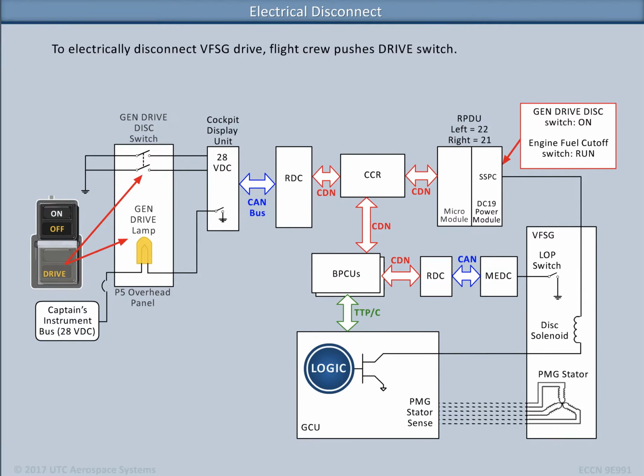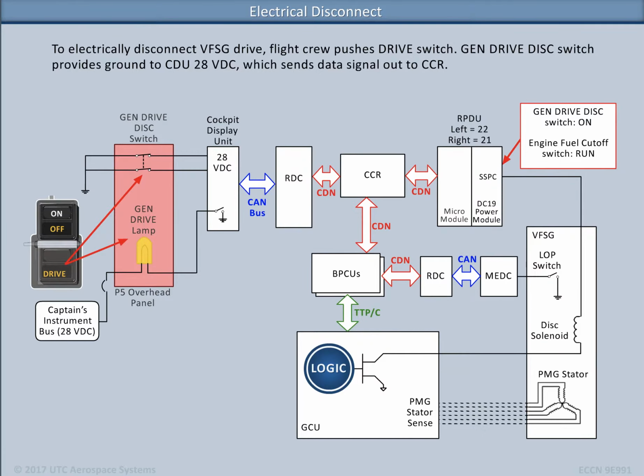To electrically disconnect the VFSG drive, the flight crew pushes the drive switch. The generator drive disconnect switch provides a ground to the Cockpit Display Unit 28 volts DC. The Cockpit Display Unit then sends a data signal out to the Common Computing Resource.